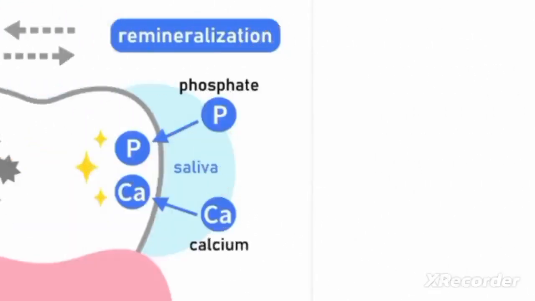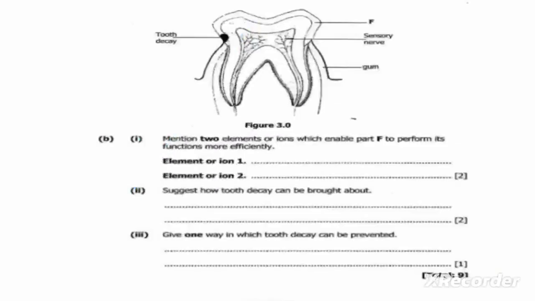We shift to the next question, which is question B, Roman numeral 2. The question reads, suggest how tooth decay can be brought about.